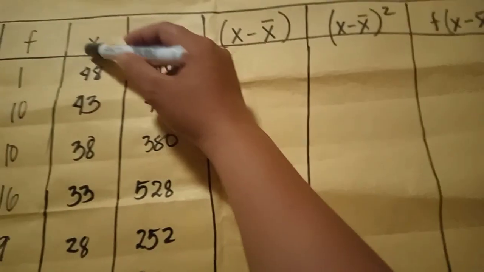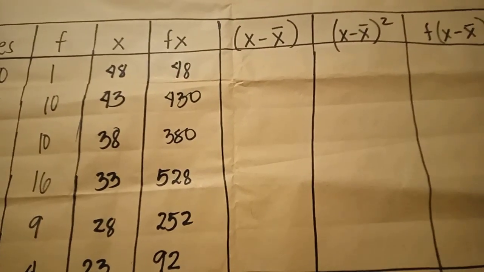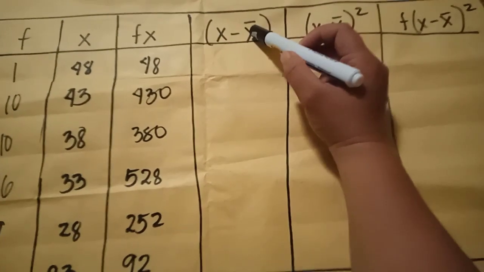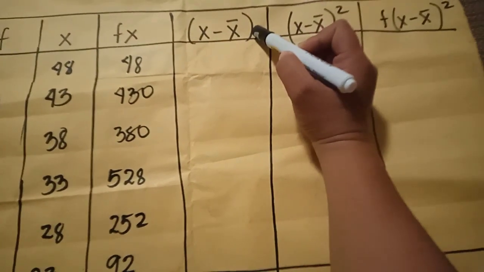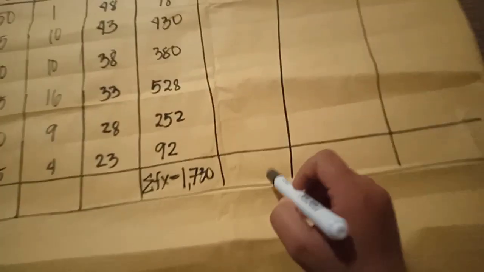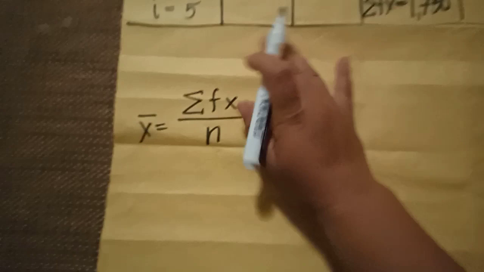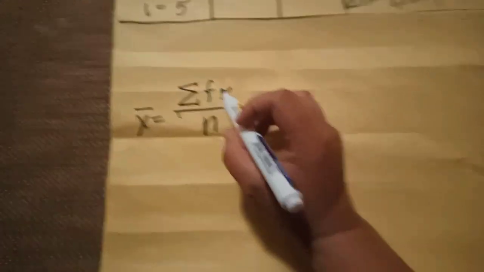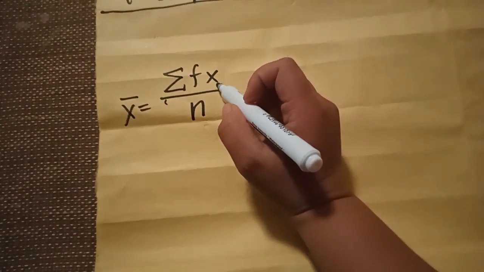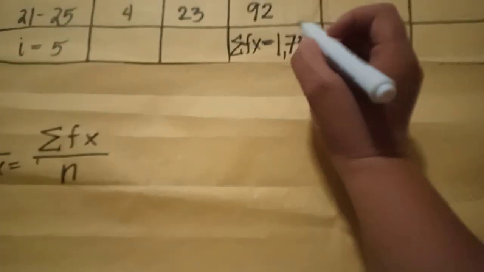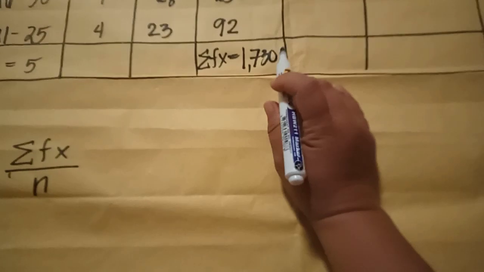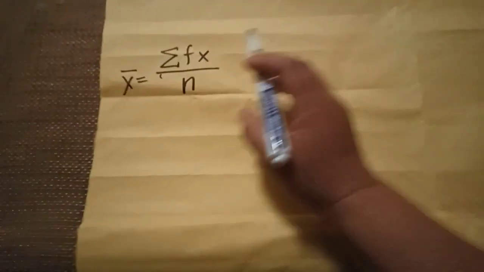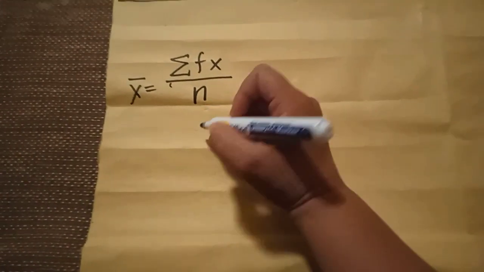And now let's proceed to another column, which is x minus x bar, where x is our class midpoint and x bar is our class mean. To determine our class mean, we have the formula: mean is equal to the summation of fx, the one that we totaled earlier, over n.